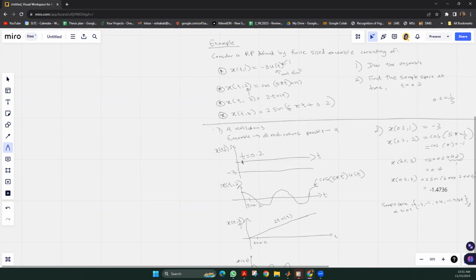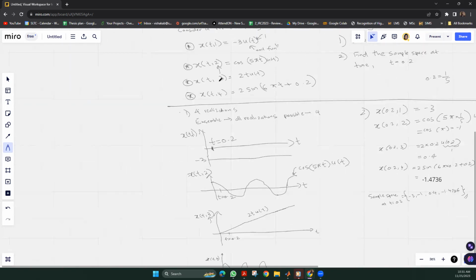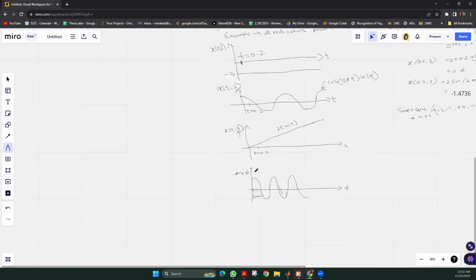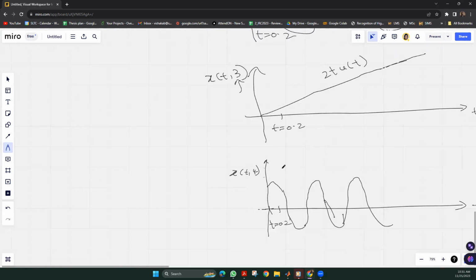Madam, can you explain the fourth graph, the last one, x(t, 4)? Yes, this is a sinusoidal signal. You're asking about how you can draw the graph? Yes.